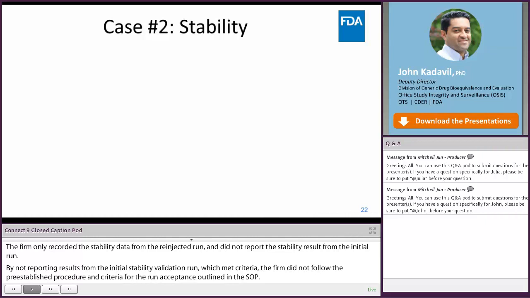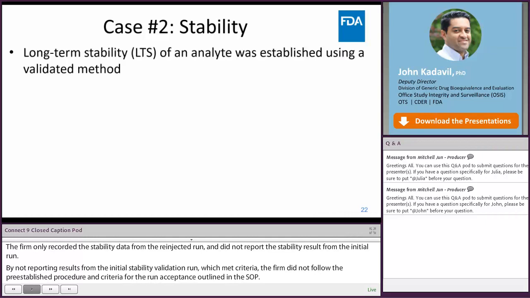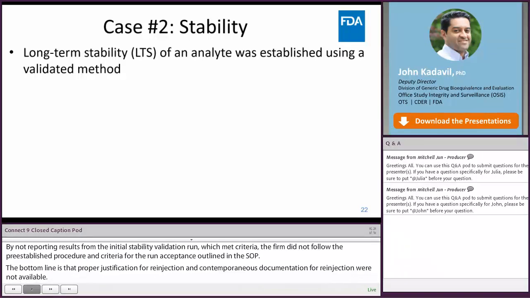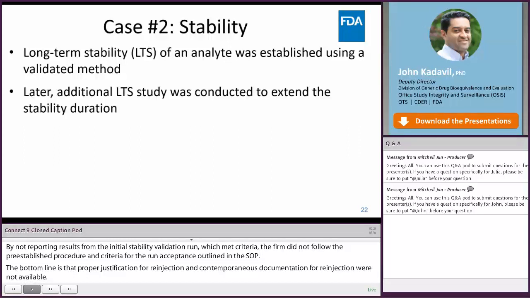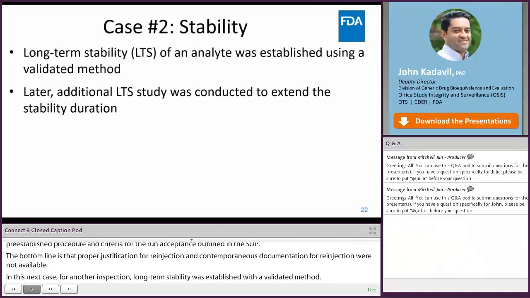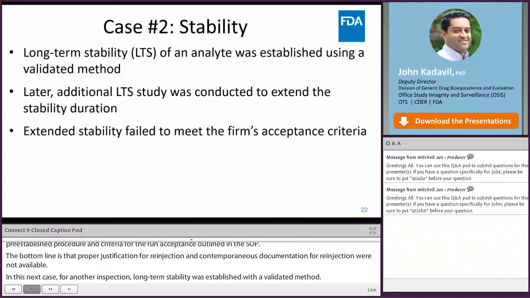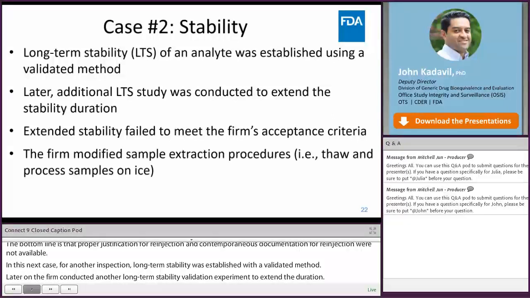In this next case, for another bioanalytical inspection, long-term stability for a specific duration was established with a validated method. Later on, the firm conducted another long-term stability validation experiment to extend the stability duration. However, data from the extended stability evaluation did not meet acceptance criteria.